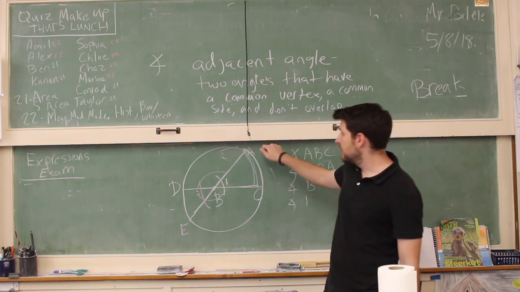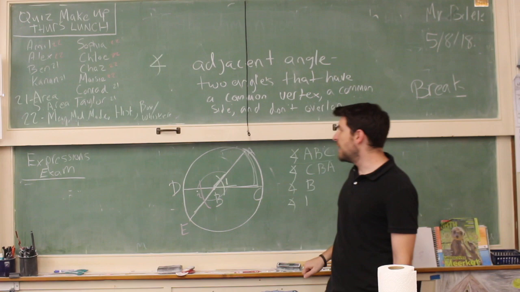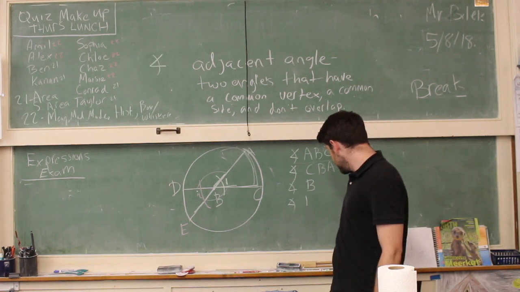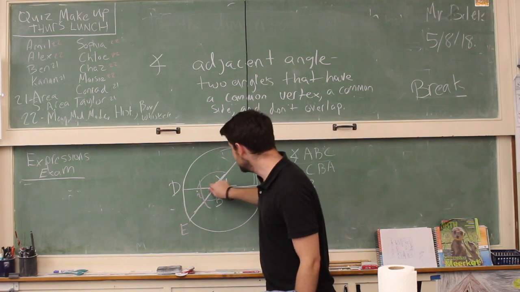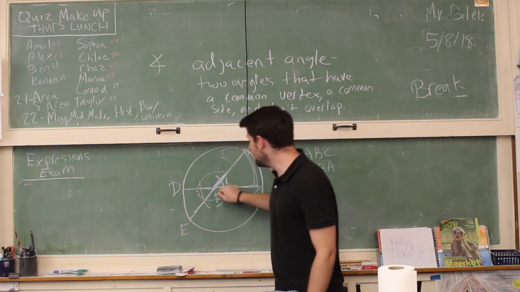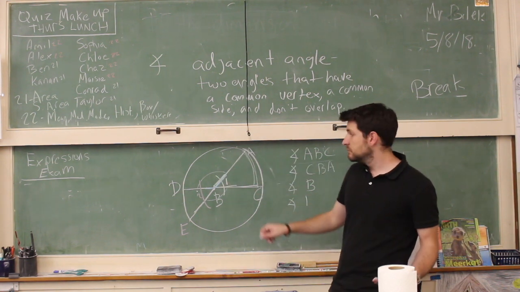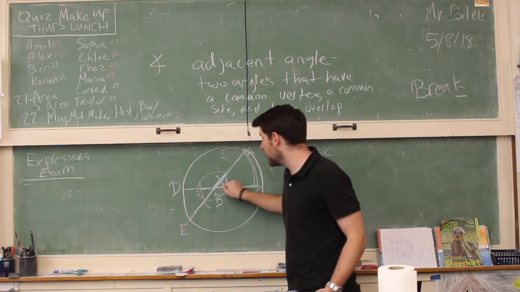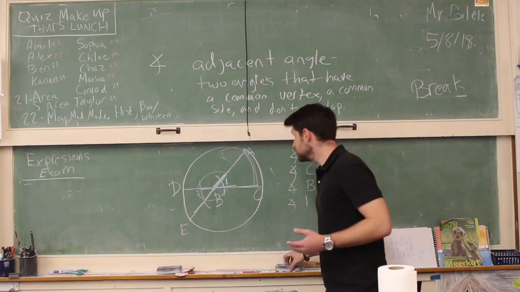This angle right here, ABC, when we combine it with this angle next to it, the adjacent ABD, when we combine these two angles, add them together, they're going to equal one straight angle, which is 180 degrees.